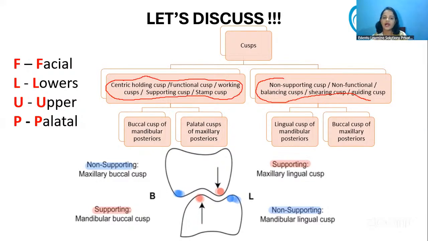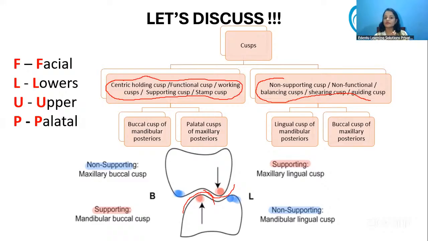Such cusps are called supporting cusps. Usually the supporting cusp will be very broad and rounded. The supporting cusps are usually the mandibular buccal cusp and the maxillary lingual cusp, the opposing cusps in occlusion, that is, the mandibular buccal cusp and the maxillary palatal or lingual cusp. They are usually broad and rounded in nature.